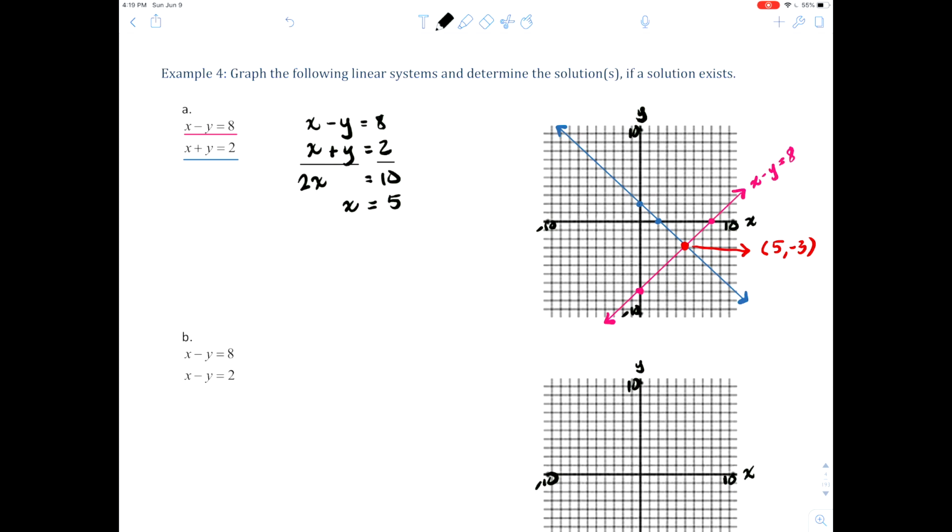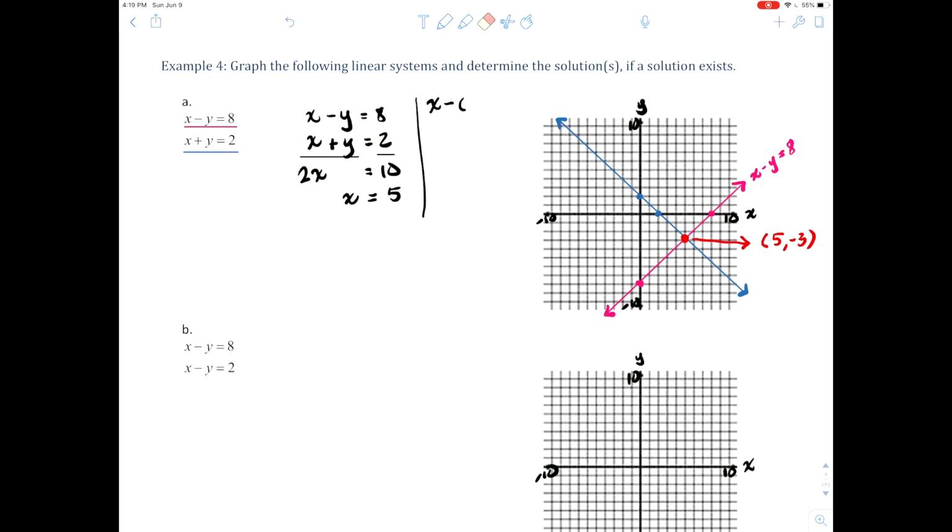And then back substituting into one of the equations, I can do the first one, x minus y equals 8, so 5 minus y equals 8.